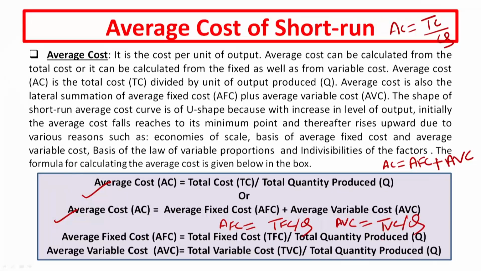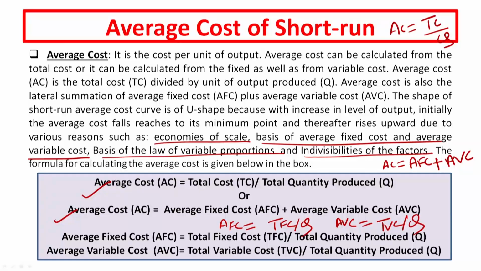Why is the average cost curve U-shaped in the short run? It is because of economies of scale, the basis of average fixed cost and average variable cost, the law of variable proportion and indivisibilities of the factors.